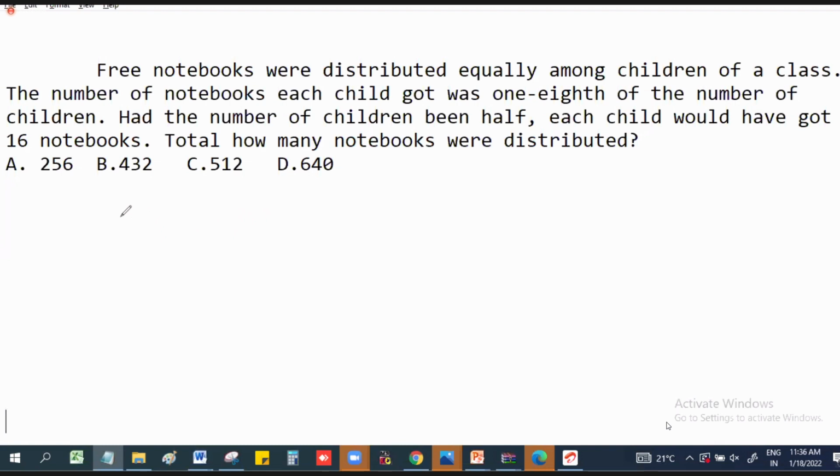Okay, guys, tell me. Suppose there are 10 students. The number of students is 10, and each student is getting 5 books. What is the total number of books you distributed?